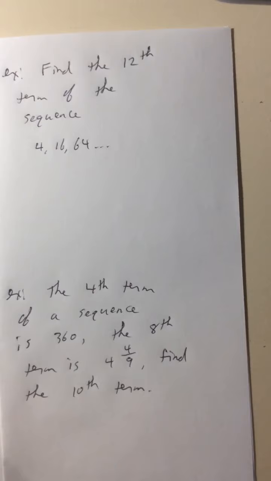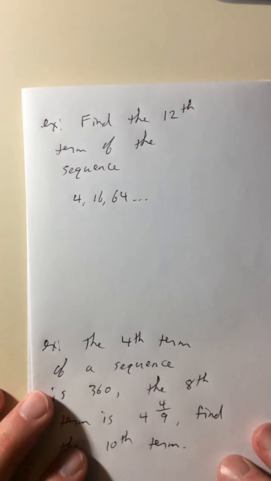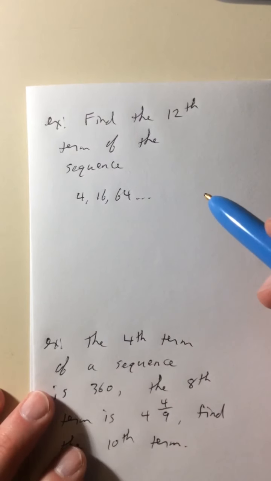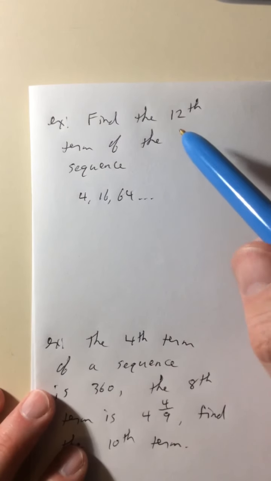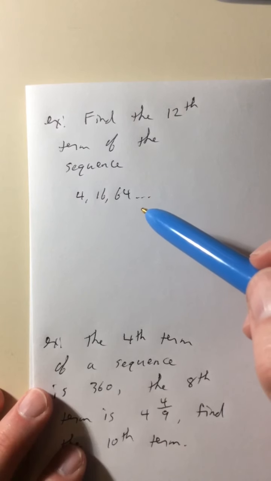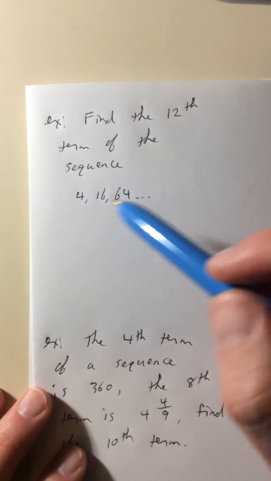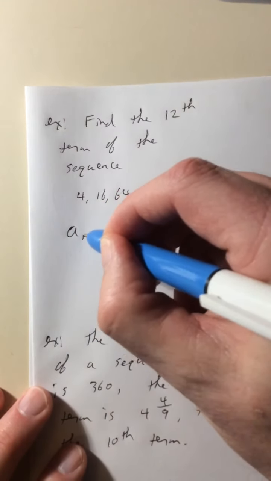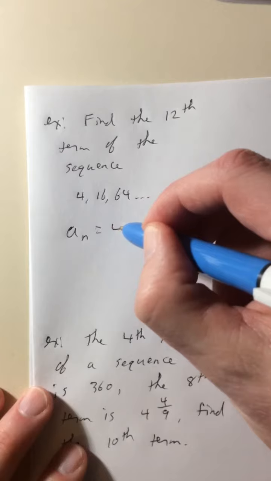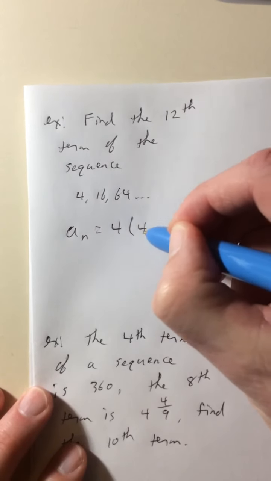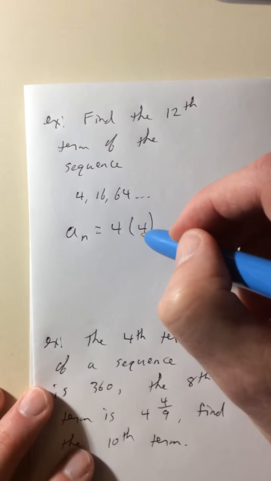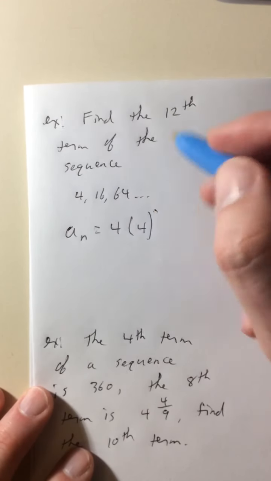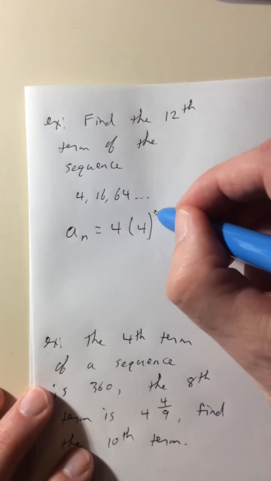Pretty simple, pretty straightforward. Okay, find the 12th term of the sequence. The only difference with this one is you have to figure out what the common ratio is, and the common ratio is 4. Again we have our formula: 4 times, in this case the first term and the common ratio happen to be the same, it doesn't have to be that way, to the n minus 1, and n is 12, so to the 11th power.